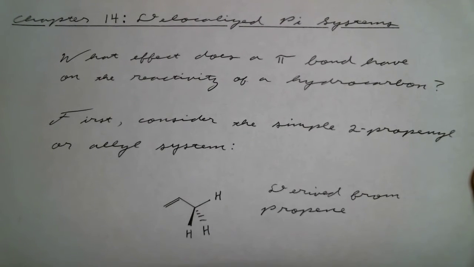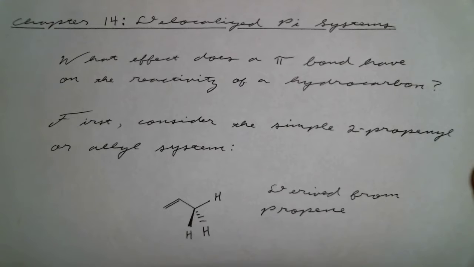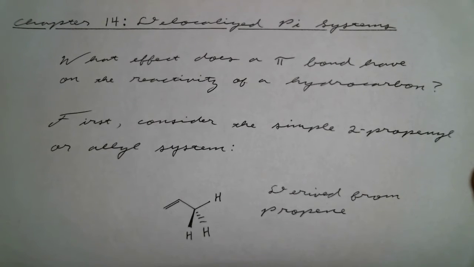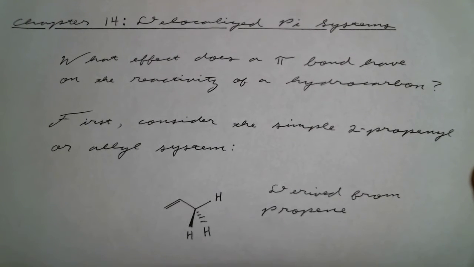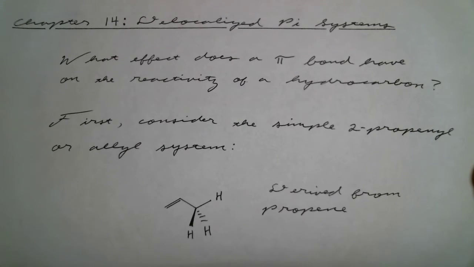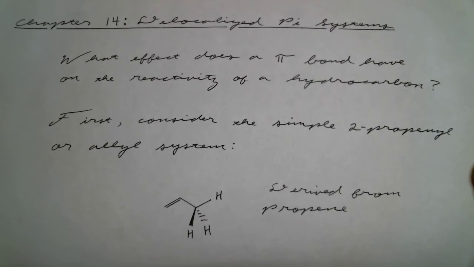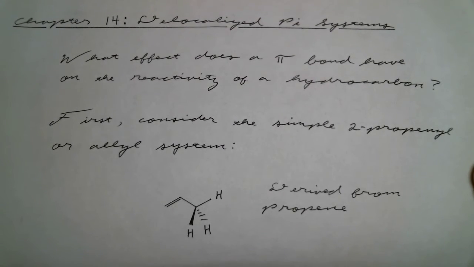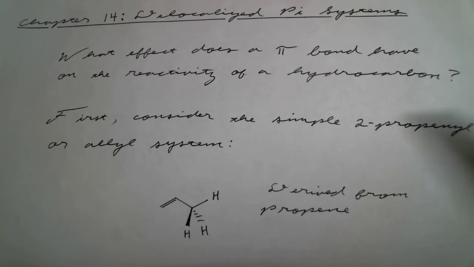So, in the second semester of organic chemistry, we'll start off with chapter 14, delocalized pi systems. And we have to ask a question: what effect does a pi bond have on the reactivity of a hydrocarbon? Well, first we've got to consider the simple system, the 2-propenyl or allyl system, and it's derived from propene.